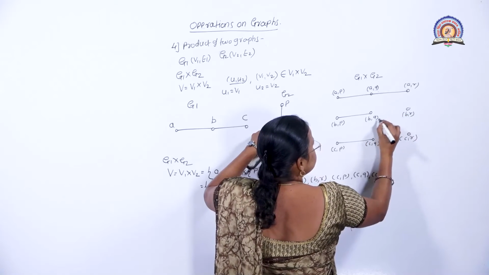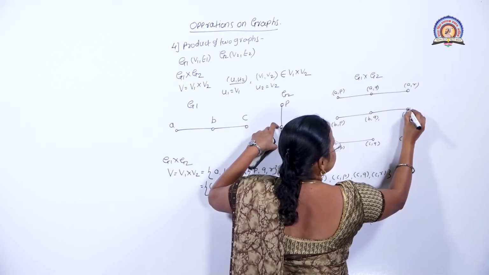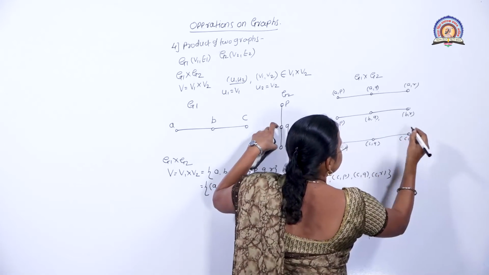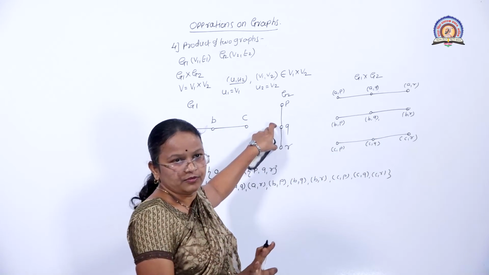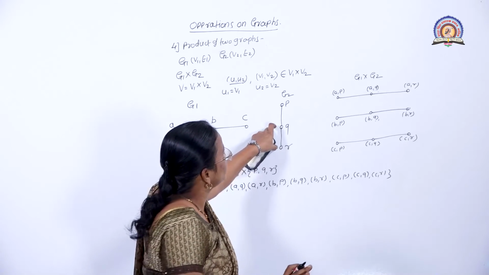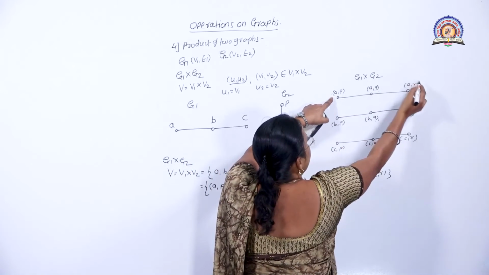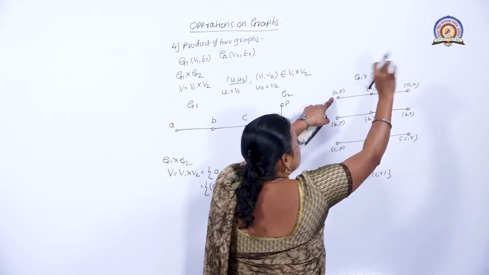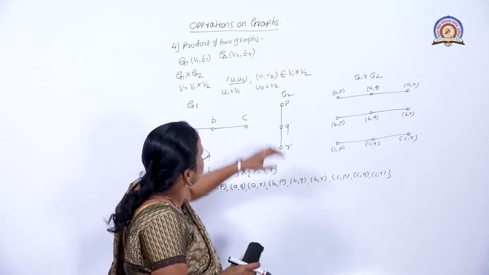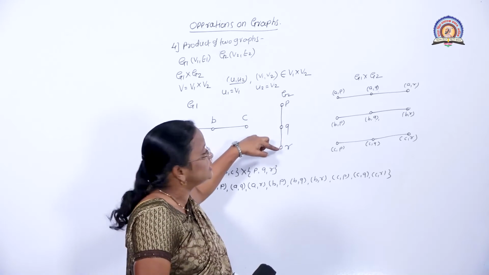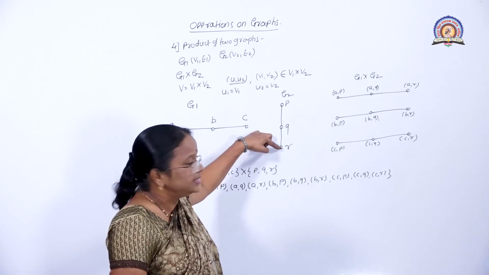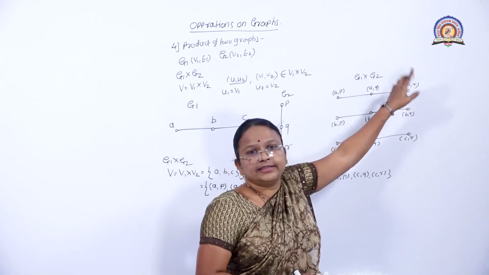Similarly, B is fixed, Q and R are adjacent in G2, join that. C is fixed, Q and R are adjacent in G2, join that. Now for AP and AR, P and R are not adjacent here, so we cannot join them.